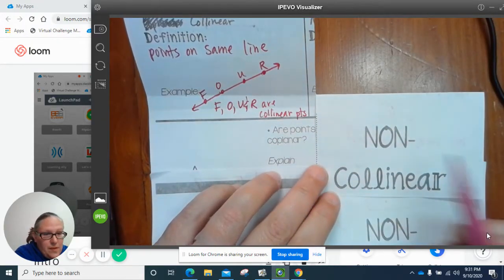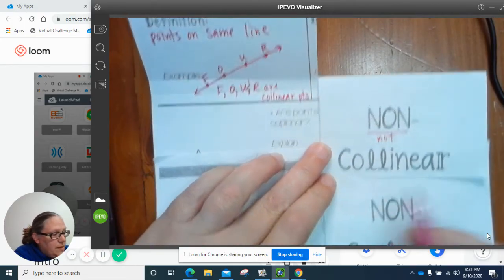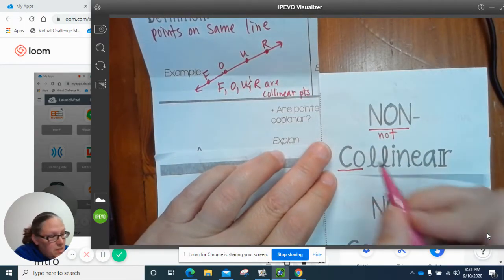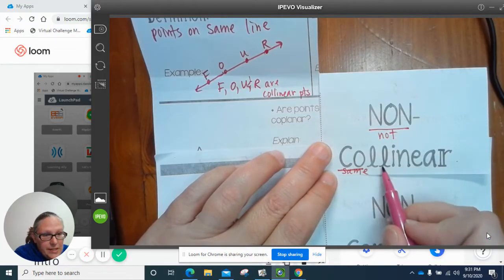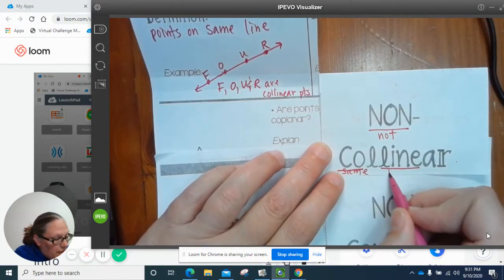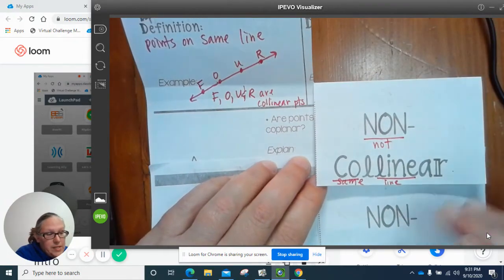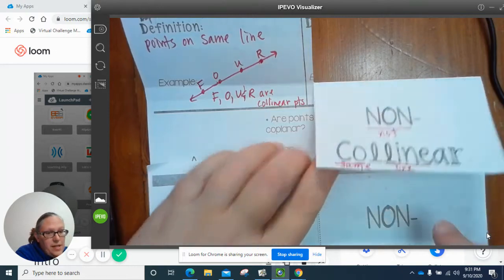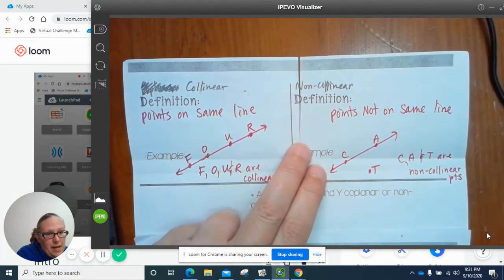Non-collinear. Okay? Non means not. Co means same. Linear means line. So non-collinear points are points that are not on the same line.